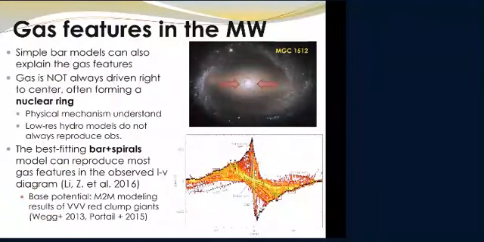Okay, and we also find that such simple bar models can also explain the gas features in the Milky Way. In general, if you have gas in a spiral galaxy, the gas is driven towards the center by the bar, but not directly to the very central region.